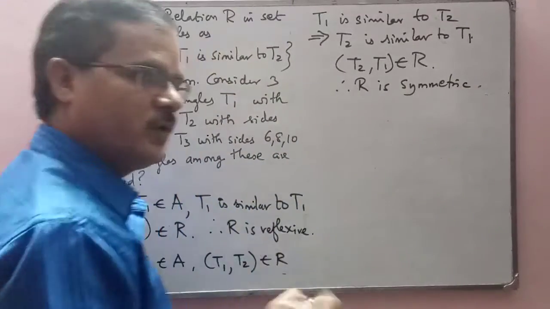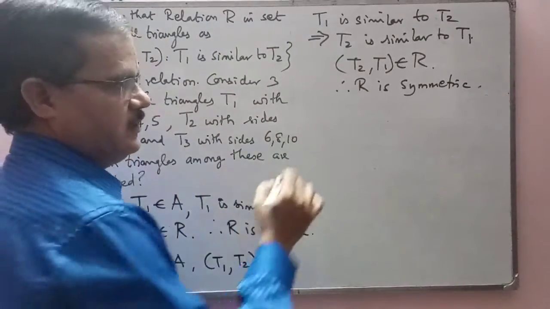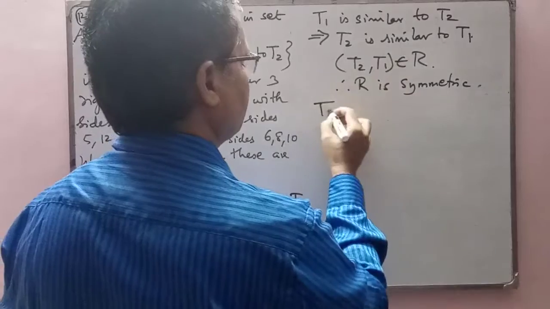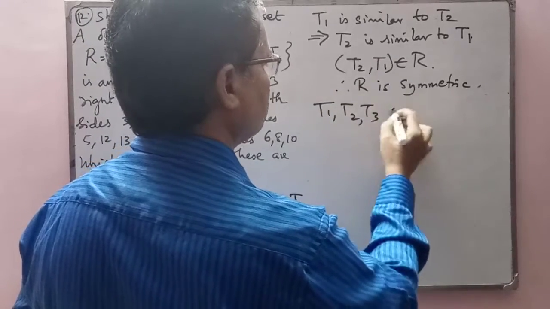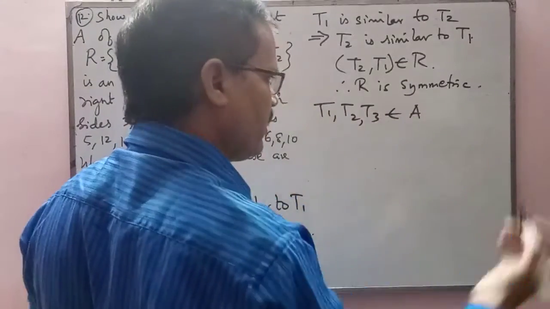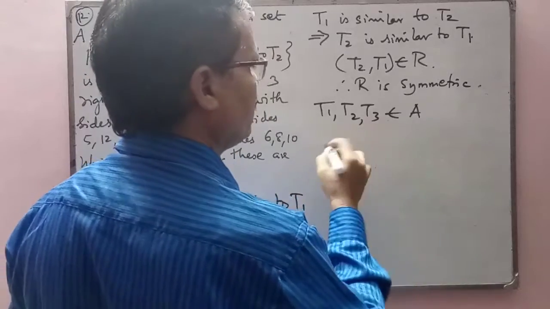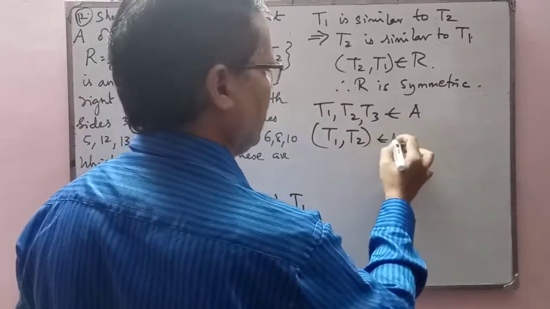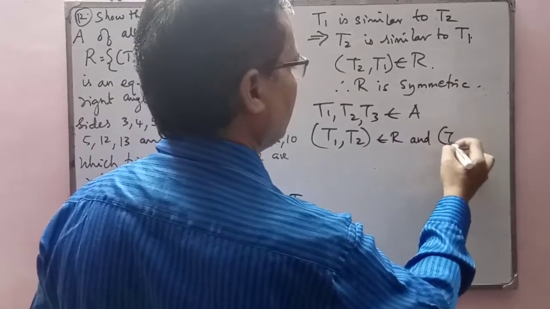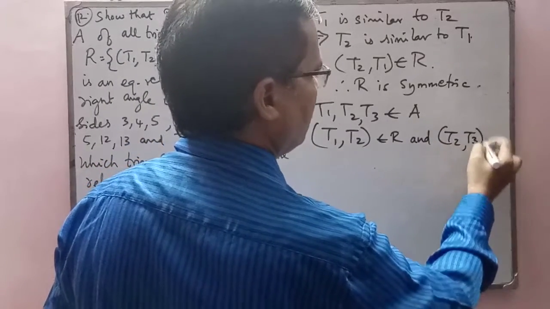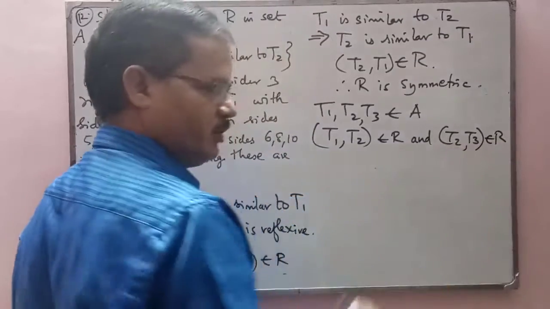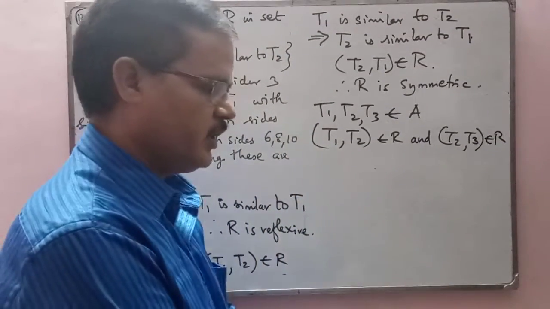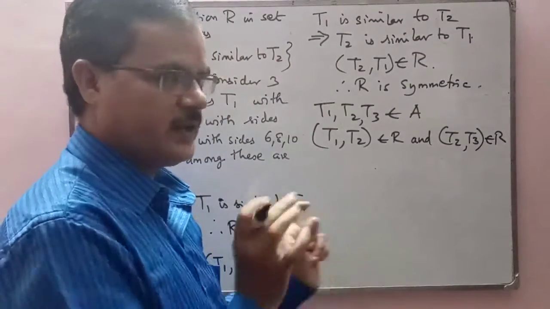Okay. Now to prove transitive, how many triangles do you have to take? You have to take 3. 1, 2, 3. So T1, T2, T3 belong to the set A, the set of all triangles. You should take them such that T1 is similar to T2, which means (T1, T2) belongs to R, and (T2, T3) belongs to R, which means T2 and T3 are similar. I take two triangles T1, T2, they are similar. One over the other, they are matching.